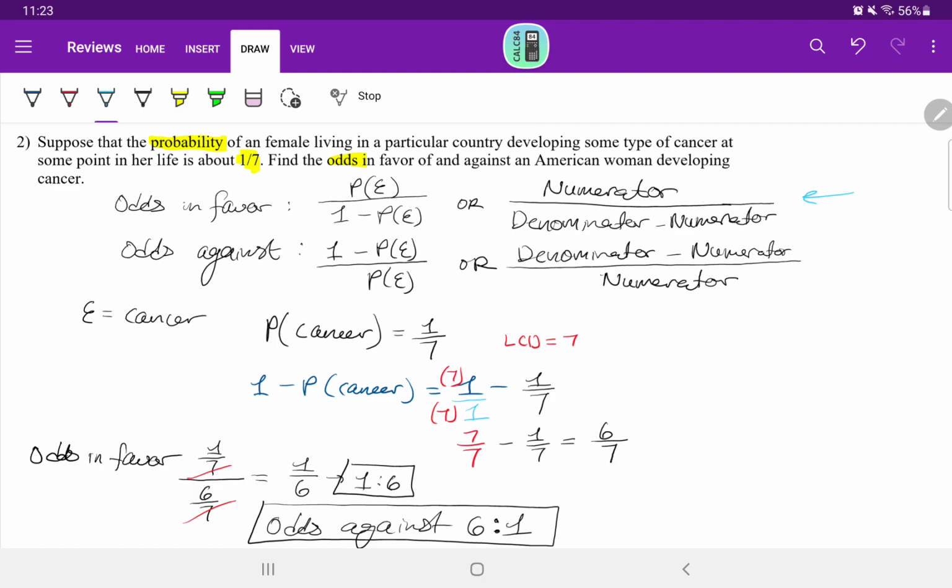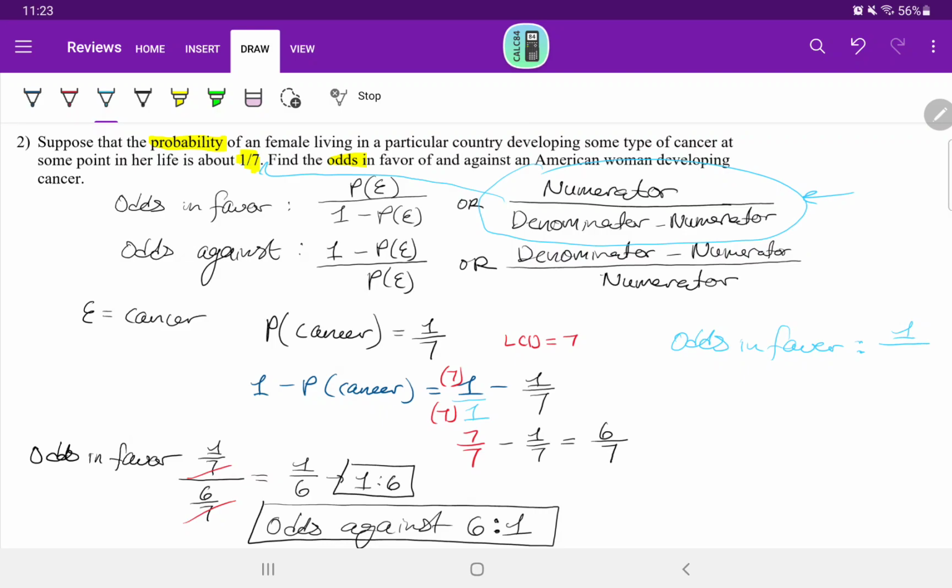Before I end this video, I just want to go over how to use this approach here. If it's a fraction, it is the numerator over the denominator minus the numerator, of the probability. So if I want to find the odds in favor using this method right here, the numerator of this fraction is 1. So let me write it, odds in favor. The numerator is going to be 1.